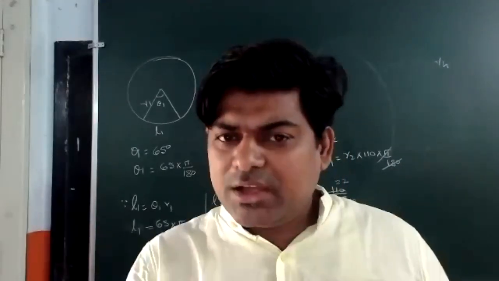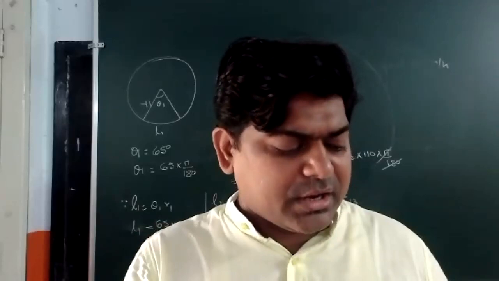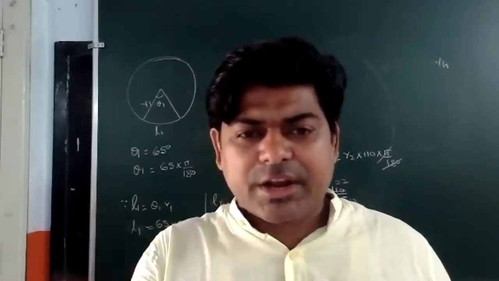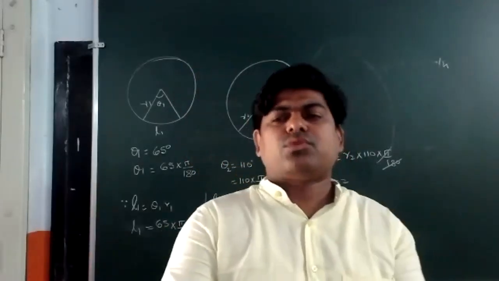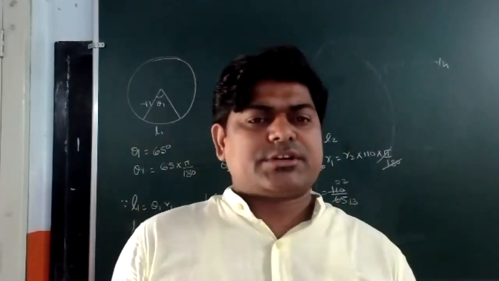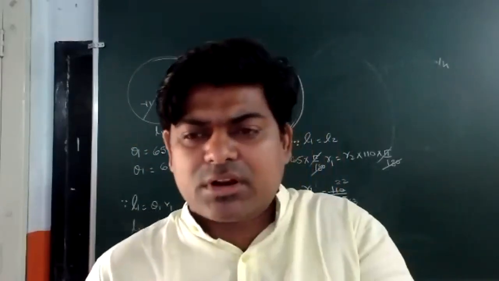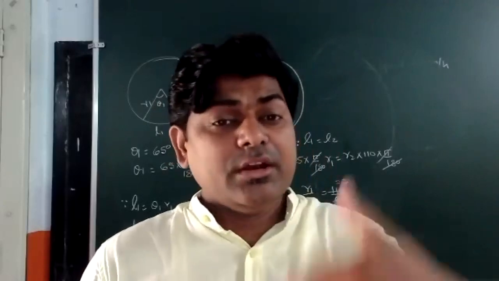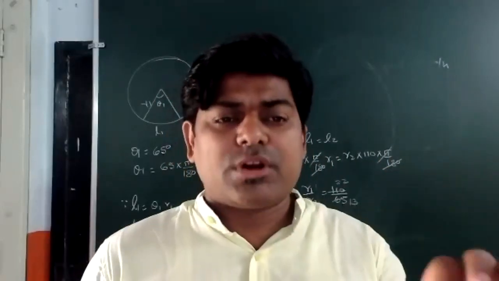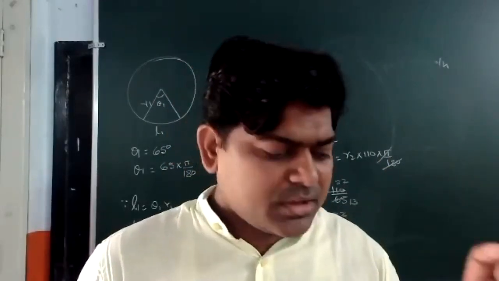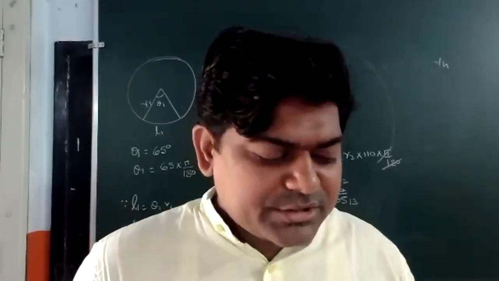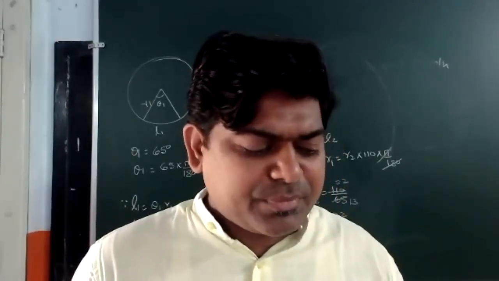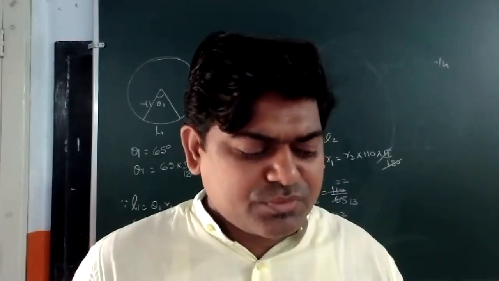Now think about the 14. Again, I have to find the angle, meaning I have to find theta in degrees, so theta will come in radians when I use this formula, L is equal to theta into R. Then after I have to convert it to degrees by multiplying by 180 by pi. It's written to find the angle in degrees through which a pendulum swings.